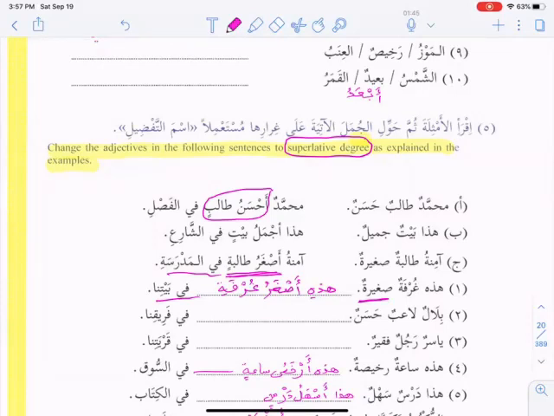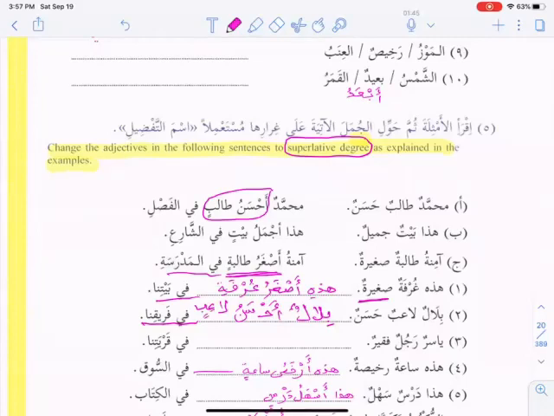Bilalun laibun hasanun fi farikina, in our team. Fi farikina is our team. Bilalun, what will you say? Ahsanu Bilalun, and then what will you say? Laibin fi farikina.